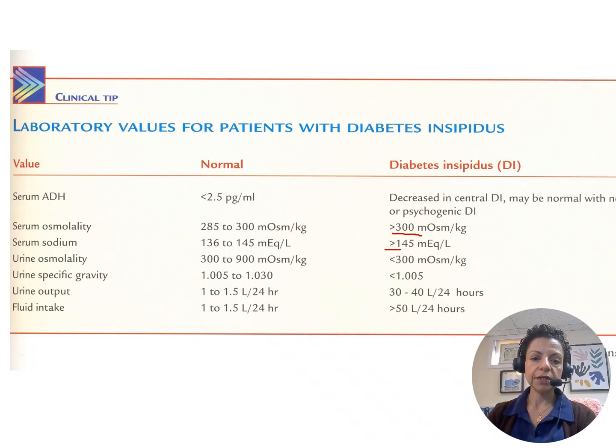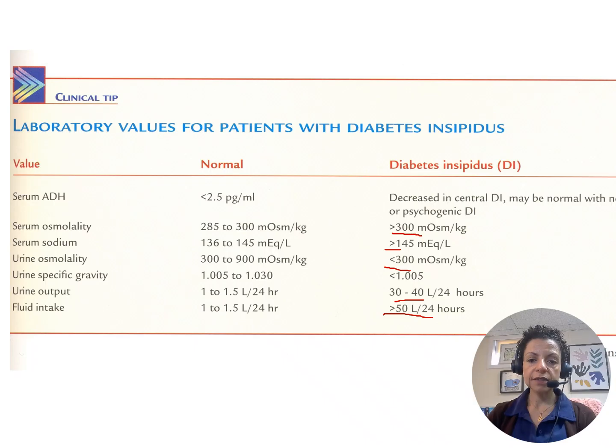Urine osmolarity is going to be very low. So there's that mismatch, right? High blood osmolarity, low urine osmolarity. Hallmark sign for not enough ADH. Okay. Urine output is going to be extremely high. And then fluid intake is also going to be extremely high. That polydipsia.